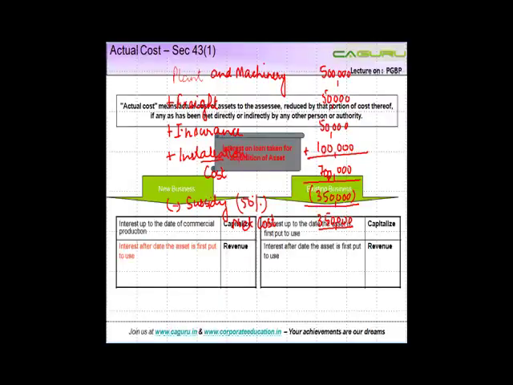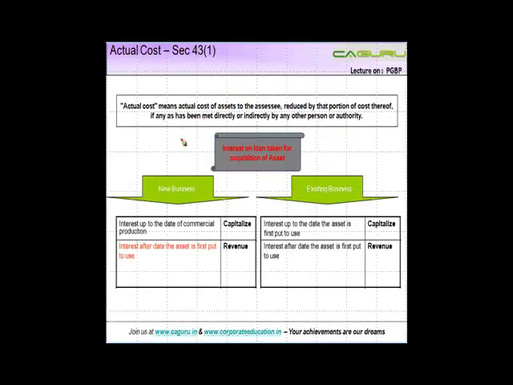Now let us revisit the definition that I told you earlier. Actual cost means actual cost of the asset to the assessee. What was the actual cost in this particular case? It was 7 lakh. Reduced by that portion of cost, if any, as has been met directly or indirectly by any other person or authority.